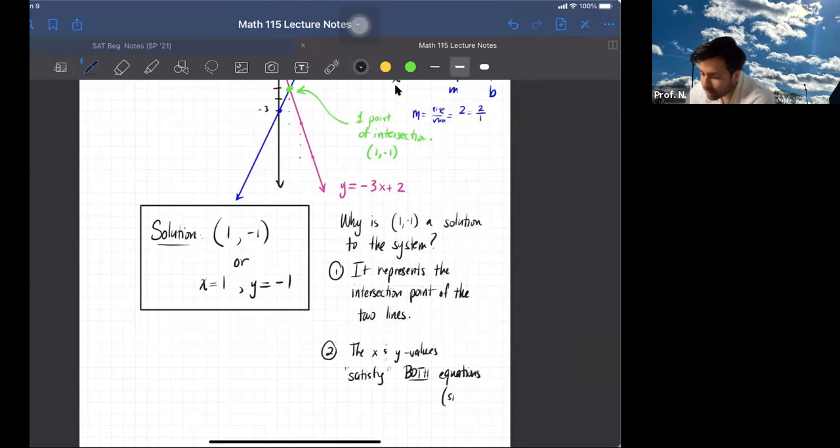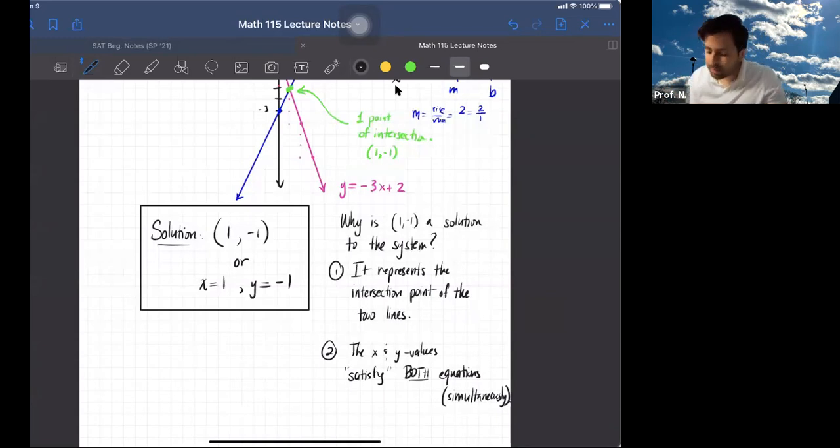You can use the word simultaneously. Sometimes they call it simultaneous equations because you want to solve for the values of x and y that solve both of them, not just one.